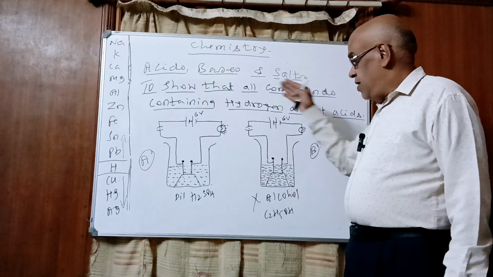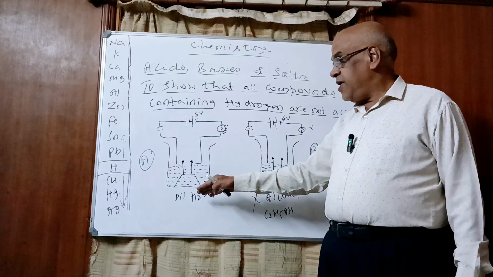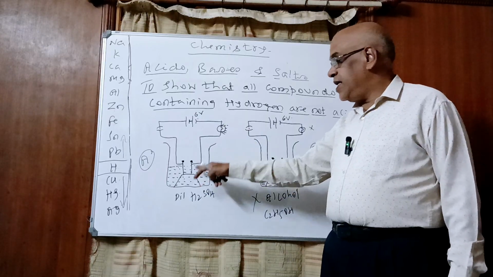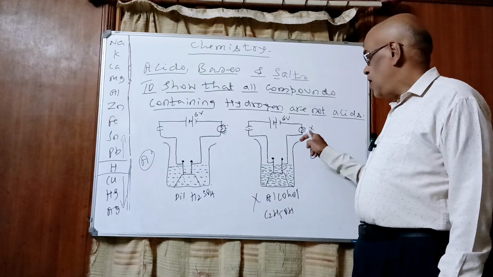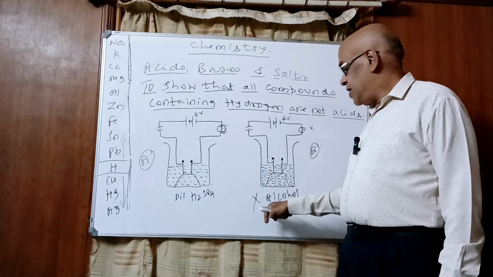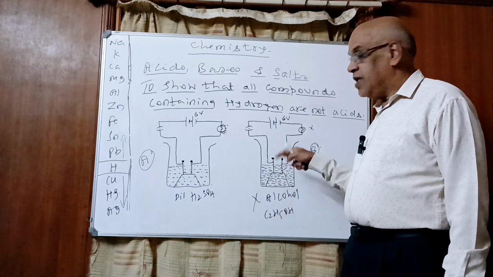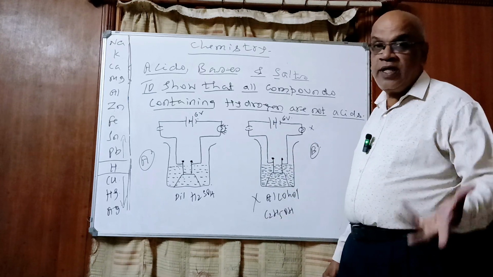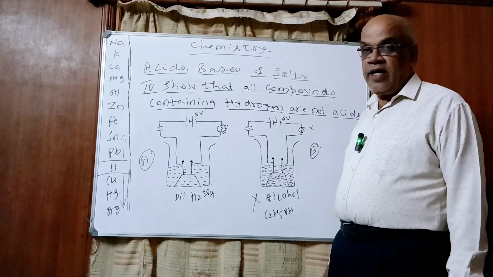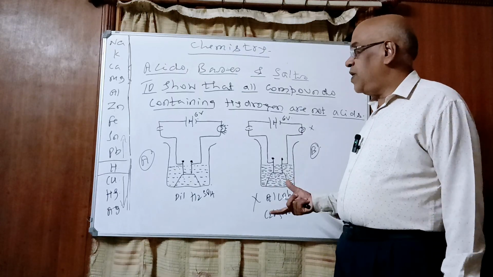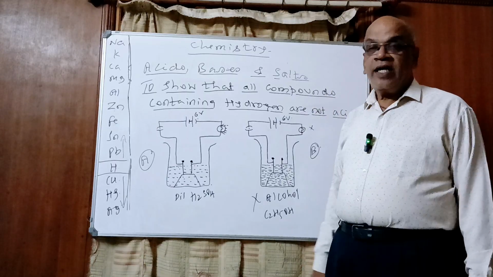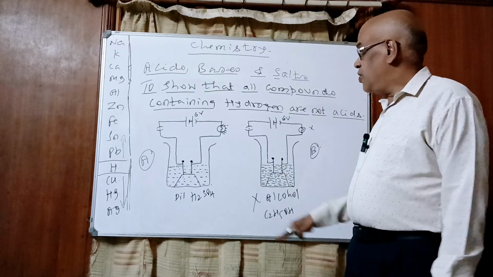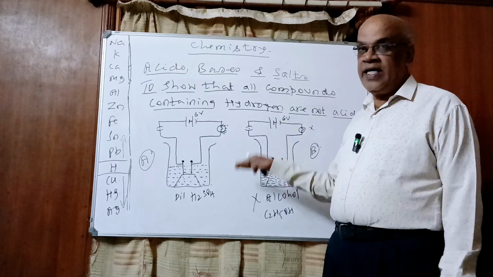In beaker A, the bulb glows, indicating that current is passing through the solution. In beaker B, the bulb does not glow, indicating that alcohol does not conduct electricity because it does not separate hydrogen ions. Once again, children, this is the simple experiment to prove that all compounds containing hydrogen are not acids, though all acids contain hydrogen.